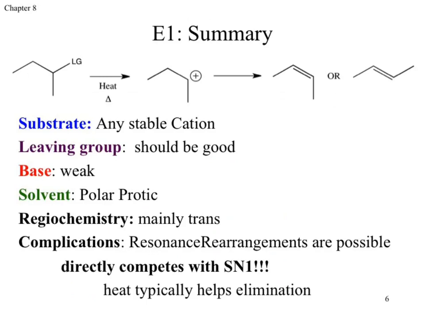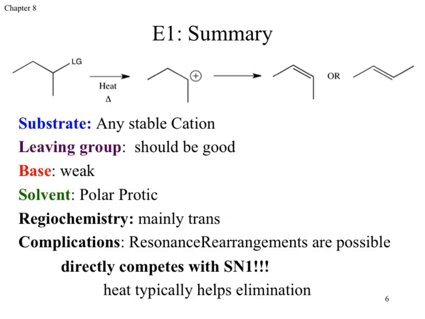Complications, we do have resonance and rearrangements. Why might we have resonance and rearrangements? Not because we have a pi bond. When do you look for resonance and rearrangements? Not a stereocenter either. Carbocation. As soon as you see a carbocation, there is resonance and rearrangements as a possibility. Every single time.